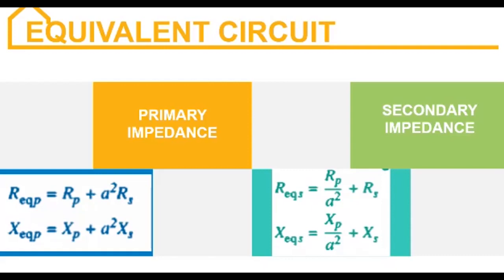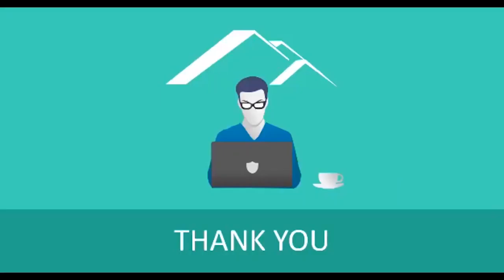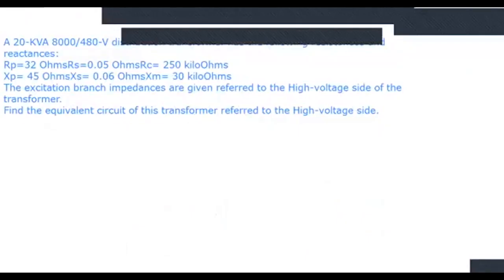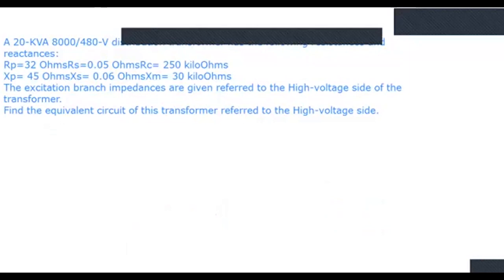The most common way is based on their voltage levels. So let us now go to the example. I have prepared an example for you. It says here that a 20 kilovolt-ampere, 8000 over 480 volts distribution transformer has the following resistances.